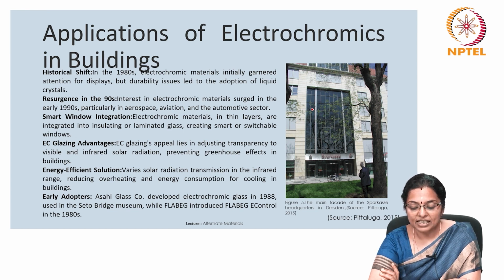Electrochromic materials in thin layers are integrated into insulating or laminated glass, creating smart or switchable windows. EC glazing, electrochromic glazing's appeal lies in adjusting transparency to visible and infrared solar radiation, preventing greenhouse effects in buildings.